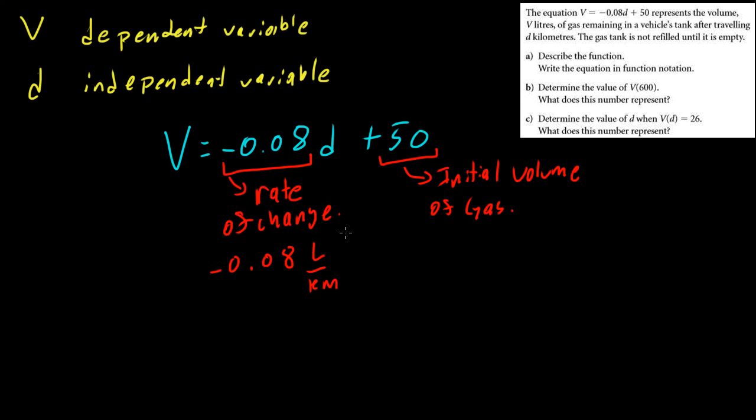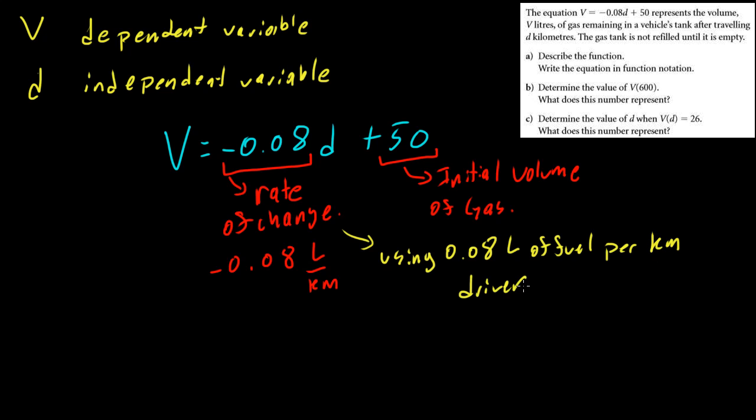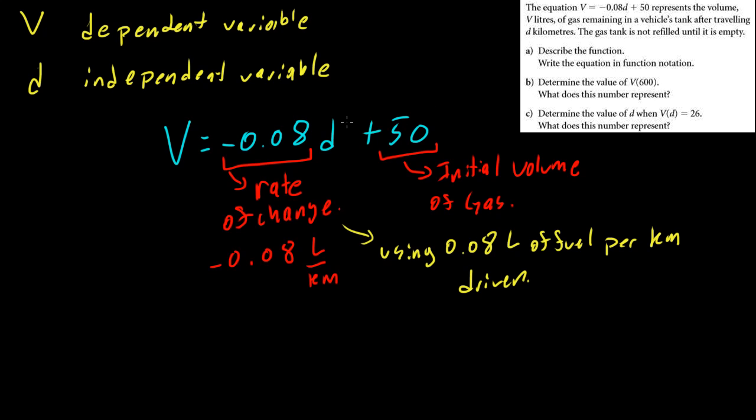Let's write that down for ourselves: using 0.08 liters of fuel per kilometer driven. That's how we can read that as well. Pretty interesting. We'll get a lot more practice with this later on in this unit and later in the course as well. But that's how we can describe this function.